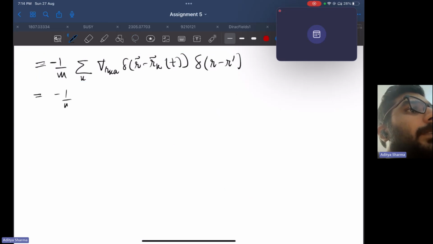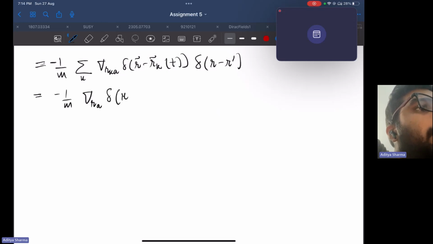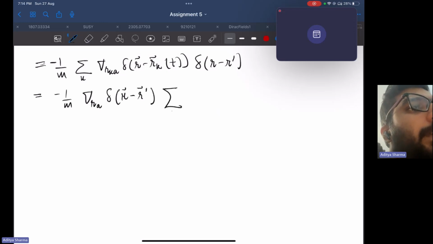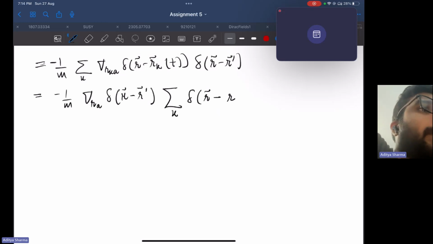Is equal to minus, and summation over k, Dirac delta R. Now I want to bring this out, make this R. So that can be done using R, and this is a, Dirac delta of R vector minus R prime, and sum over k, Dirac delta of R vector. So I'm just interchanging this because they will mean the same thing.